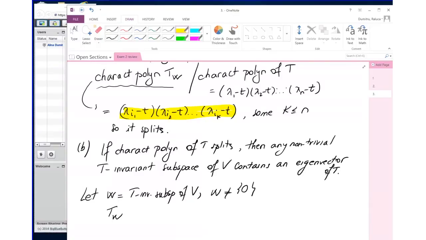But the characteristic polynomial of T_W gives you the eigenvalues of T_W, right? So the eigenvalues of T_W are the ones listed above.